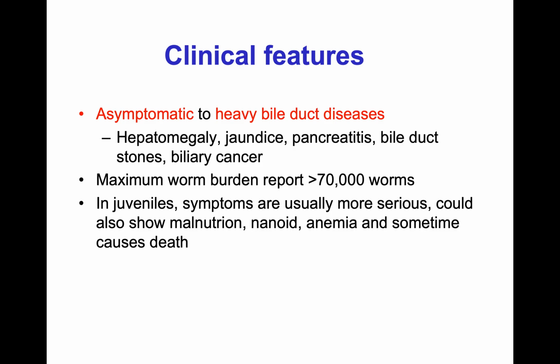Sometimes, at the beginning, it's asymptomatic, but after a very long time, if the eating habit is not changing, then there's heavy bile duct diseases like the hepatomegaly, jaundice, pancreatitis, bile duct stones, biliary cancer, and there's worm burden reported of doctors find over 70,000 worms.